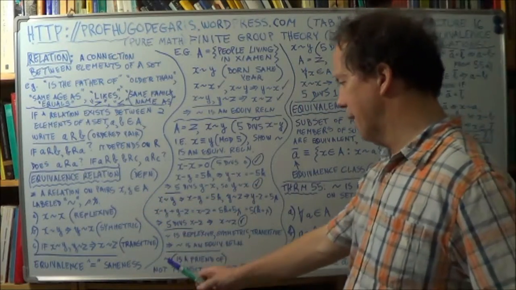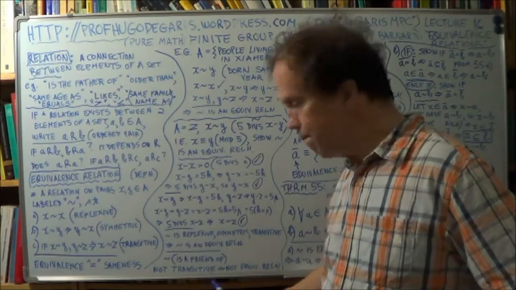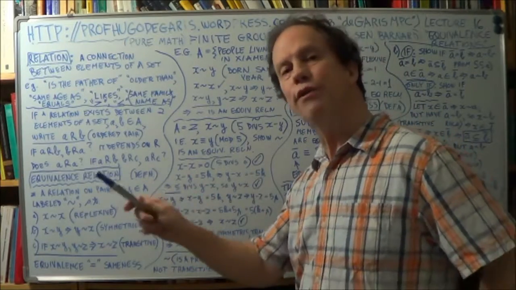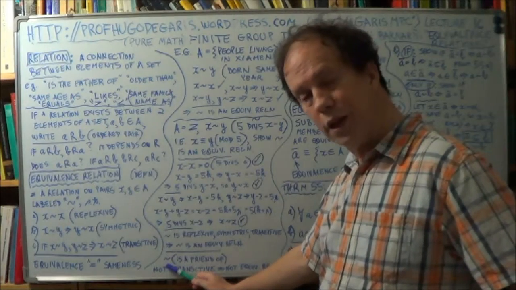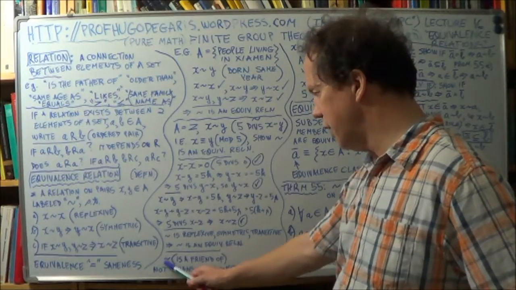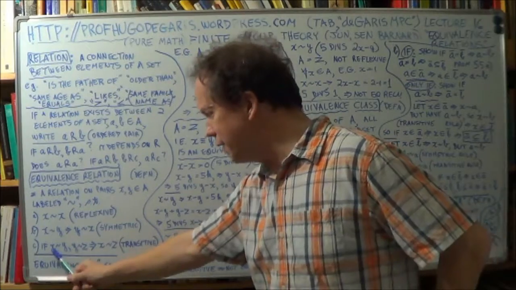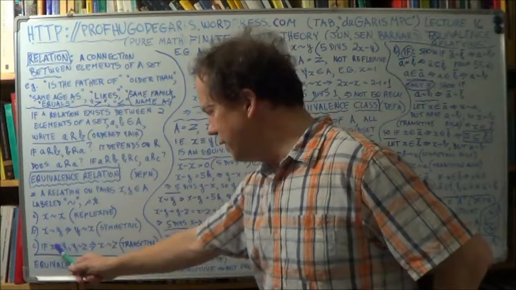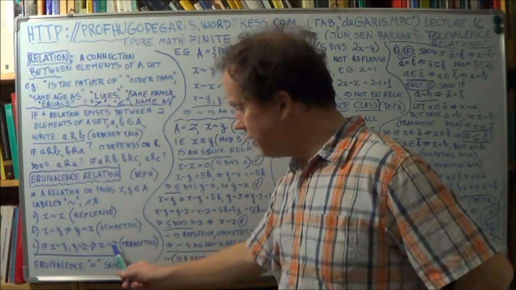All right. How about A being a set of people? The relation is "is a friend of." Is that an equivalence relation? Well, it's not transitive. If x is a friend of y, that's your tilde, and y is a friend of z, it does not follow that x is a friend of z.